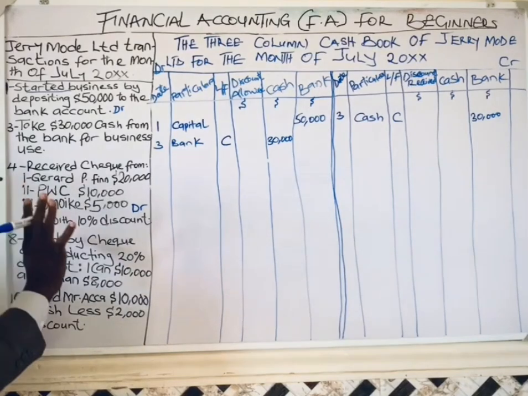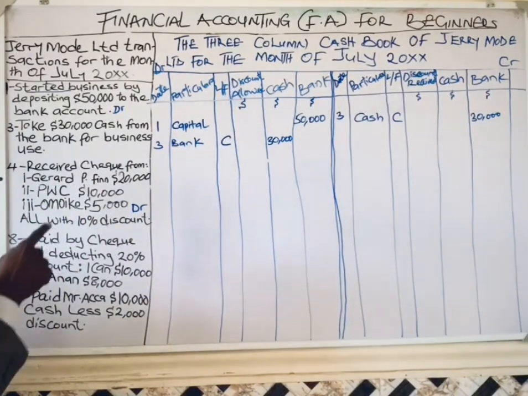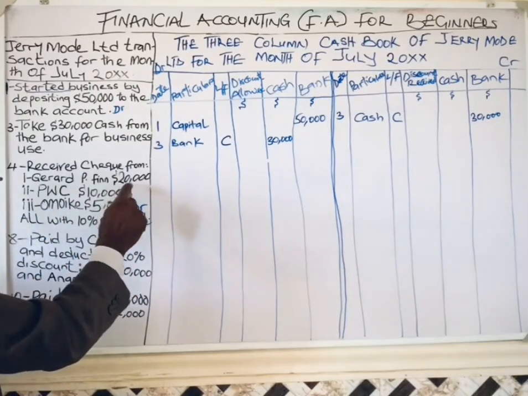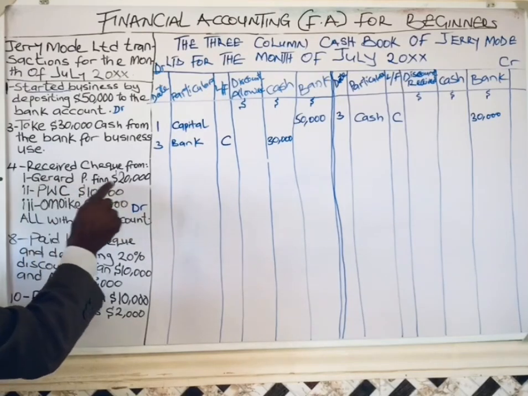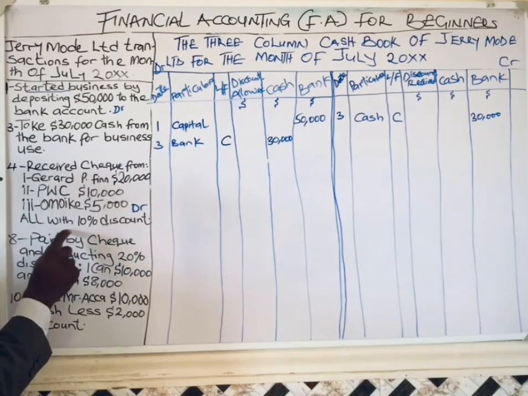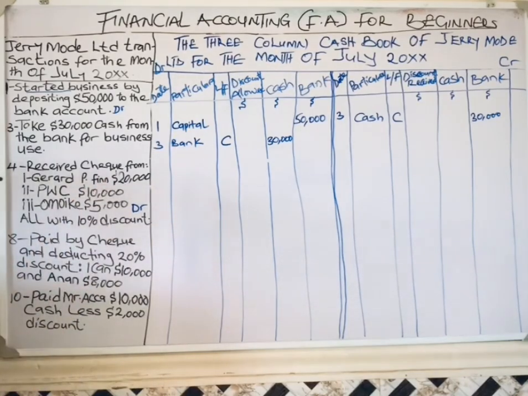So now let's look at the discount part of it. We're supposed to receive $20,000 from this customer, Gerard P. Fee, but we are not receiving the full 20,000 because we are discounting 10% from what this customer is to pay us.